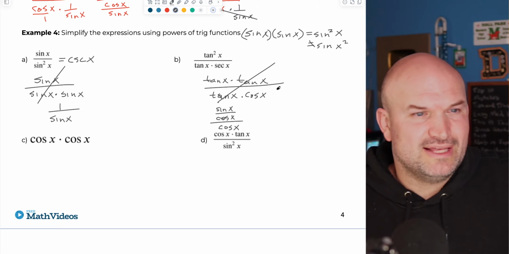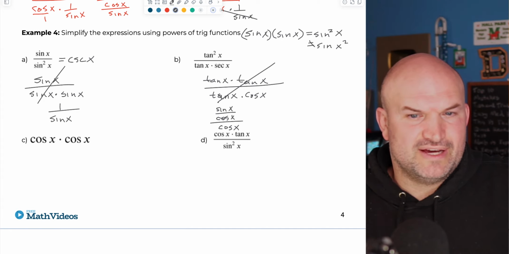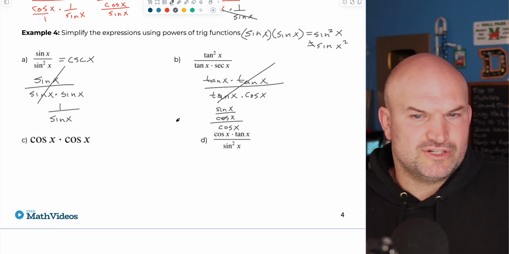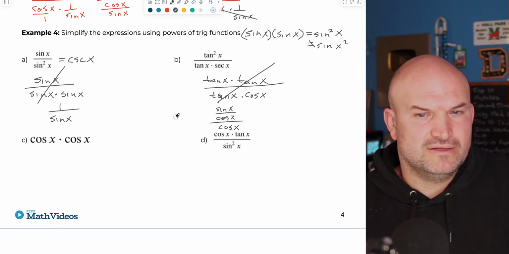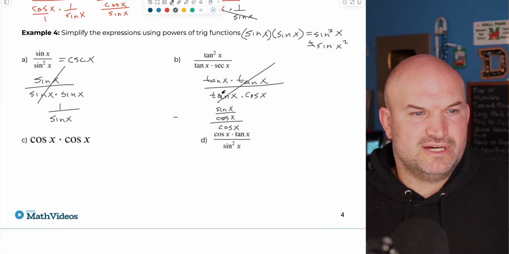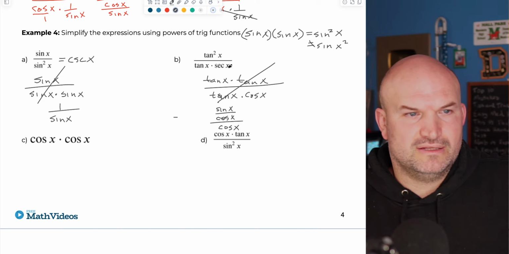And again, did I write that? Tangent squared, I got those right. But again, tangent of x, sine squared over cosine squared. No, I wrote this wrong. Tangent squared, yeah, tangent over secant. That's a cosine, sine over cosine. Oh, that's secant.